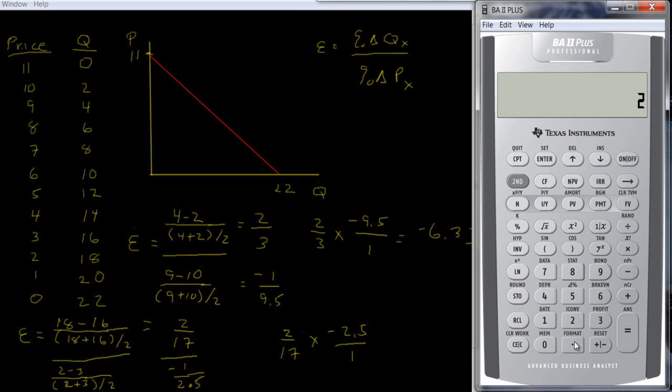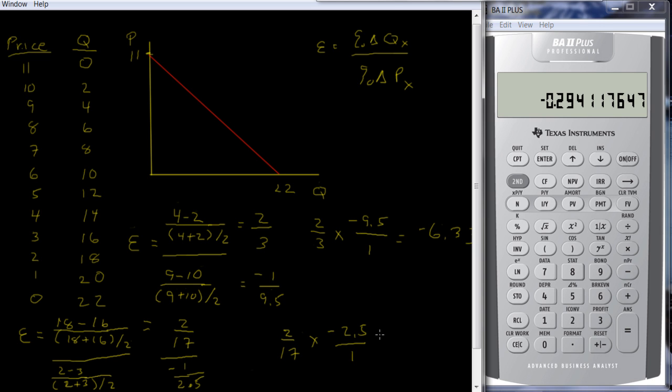So let's see what we get here. We take 2.5, I'll make that negative, times 2, and we want to divide it by 17. And so we get minus 0.2941.